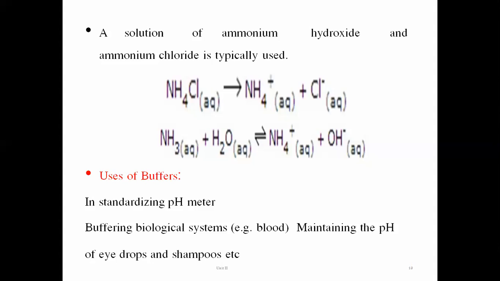Then it is also used for the buffering of biological systems. So when we are going to preserve any blood or make it compatible with other persons, we have to maintain the pH value of the buffer.